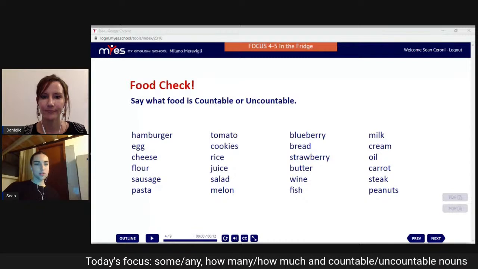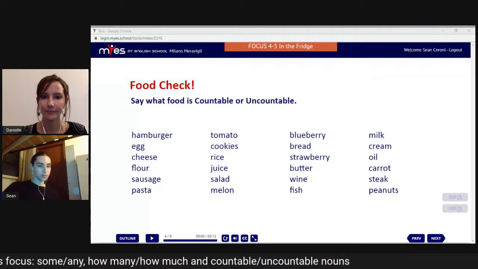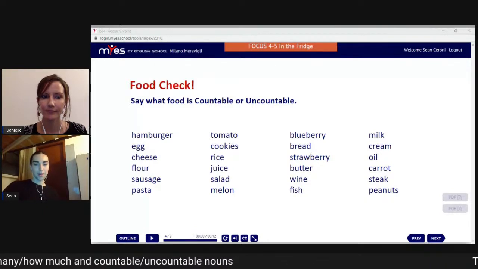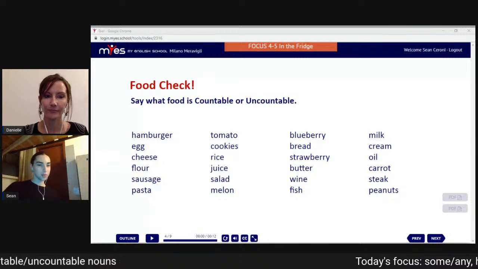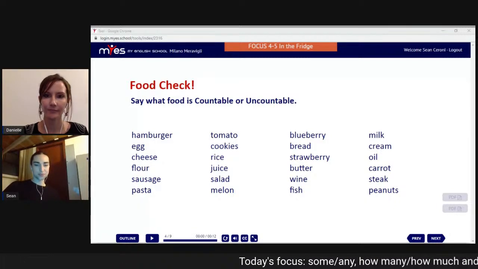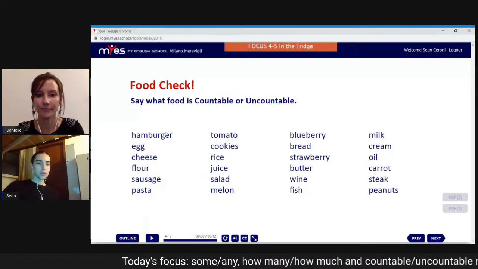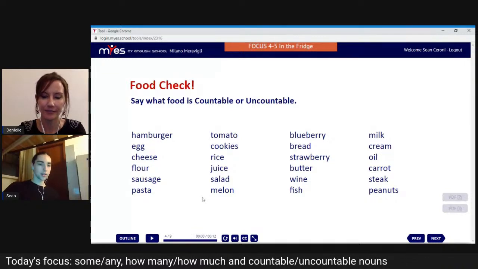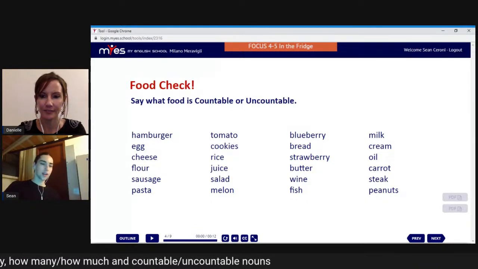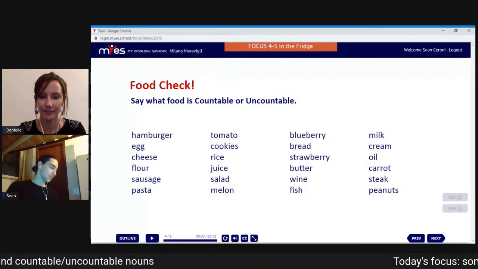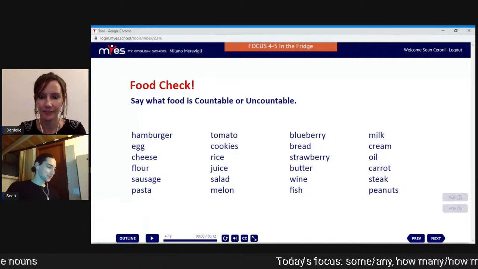So, countable and uncountable. Will we go through what's countable and uncountable? So the first row, Danielle, hamburger, egg, cheese, flour, sausage, and pasta. What do you think?